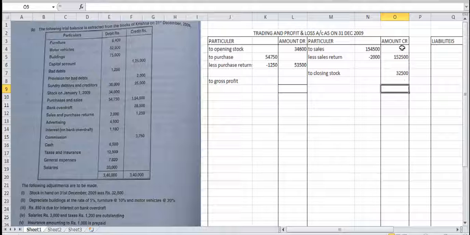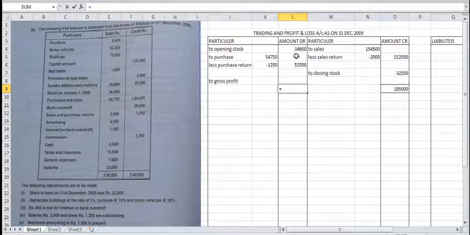Here if you add these two, 1,85,000. Okay, 1,52,500 plus 32,500, we got 1,85,000.